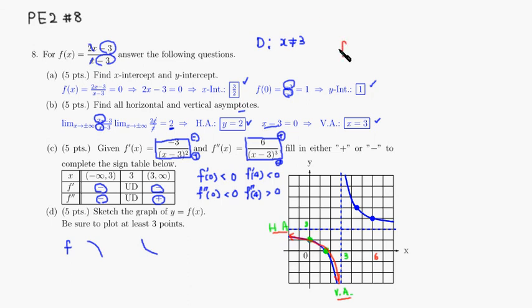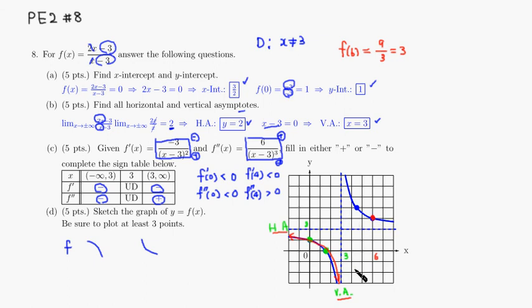So f of 6 is equal to, plug in 6, 2 times 6 is 12, minus 3 is 9, divided by 6 minus 3, which is 3. So that will give you 3. So I go to 6, then 1, 2, 3, and I put a dot there.